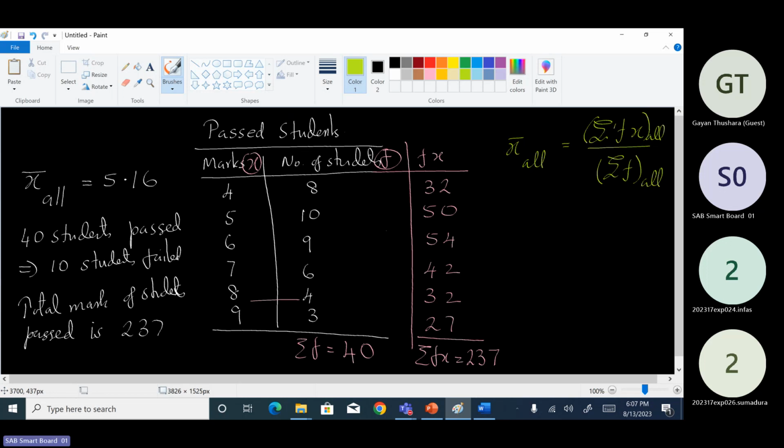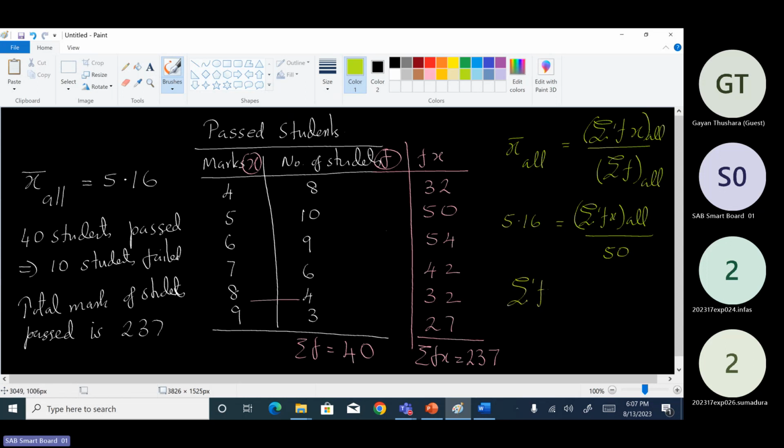Sum of the marks of all the students divided by the total number of students. This value is given as 5.16. Sigma f all, the number of students who sat for the exam, is 50. Cross multiply.